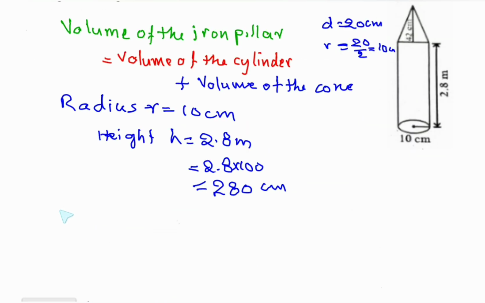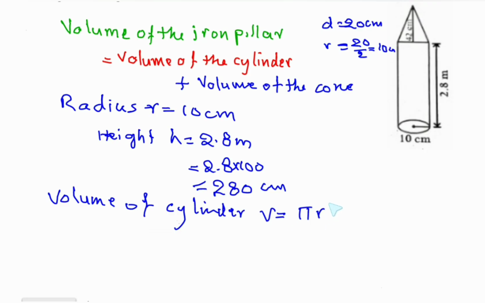The volume of cylinder V is equal to pi r square h. This equals 22 by 7 into r square, which is 10 square, that means 10 into 10.